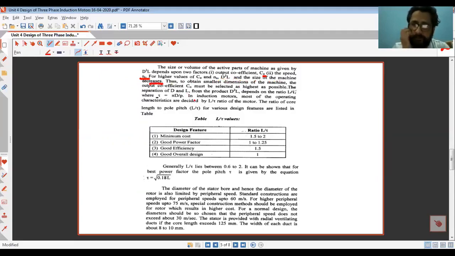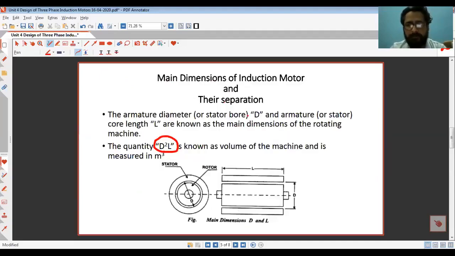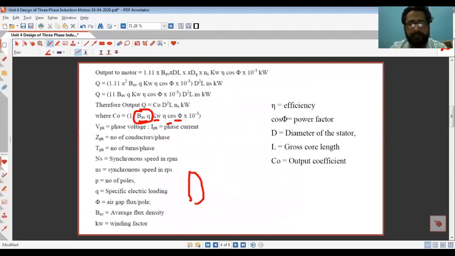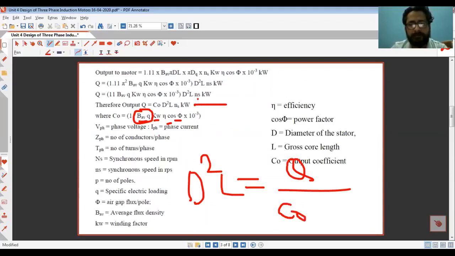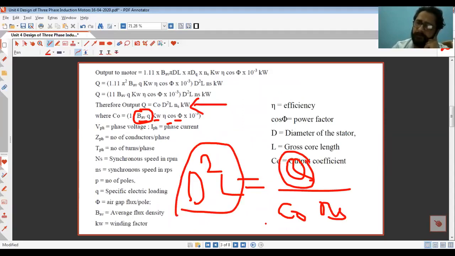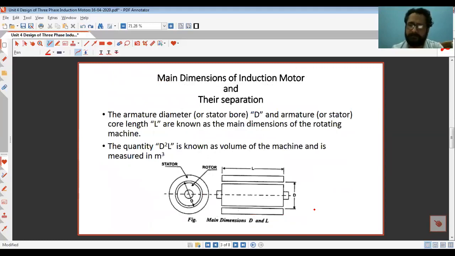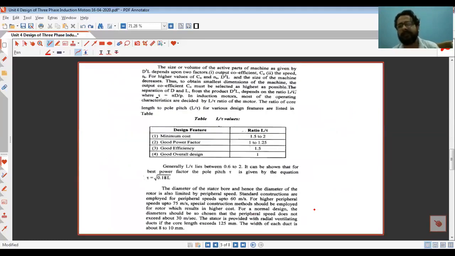From the equation D square L equals Q divided by C naught NS, for a particular power the volume of the machine is inversely proportional to C naught and NS. And volume of the machine means the size of the various parts of the machine. If the size of the various parts increases, the volume will also increase, right?